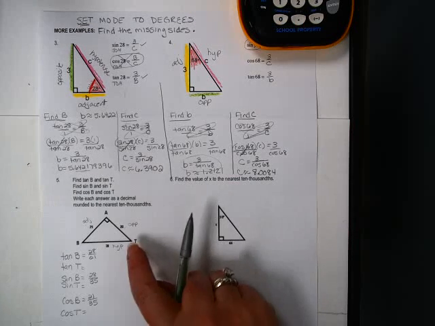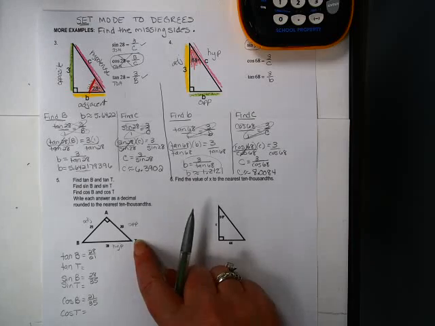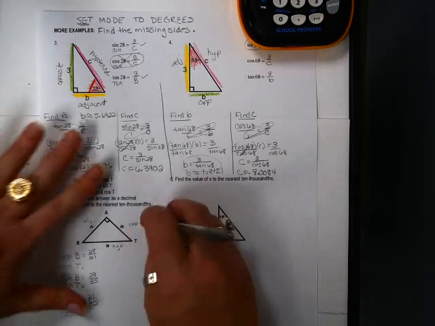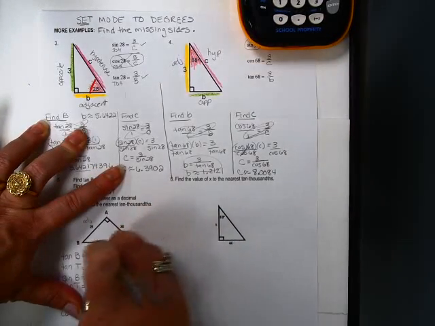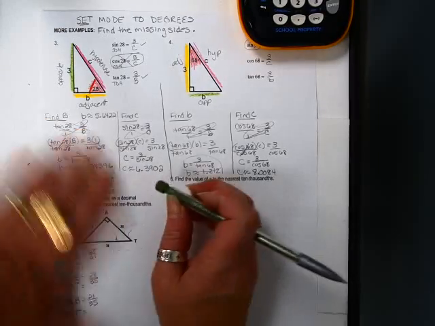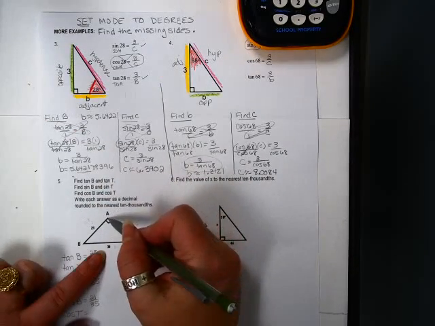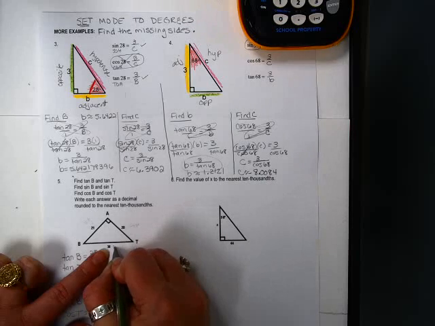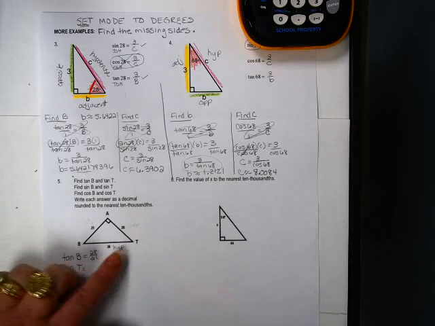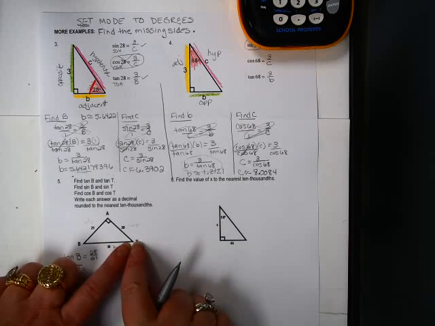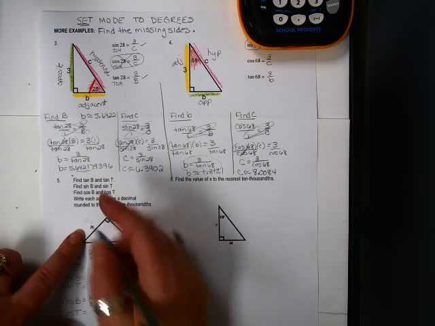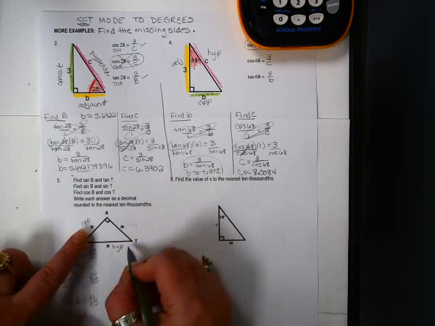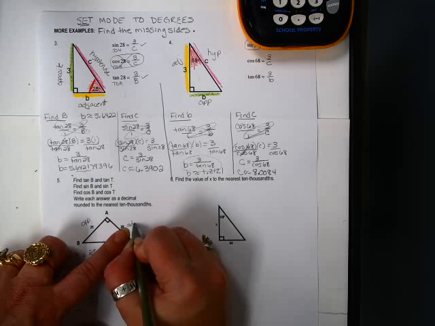Alright, now let's go back and do these for T. So here's my angle here, so that means these are all going to change. First of all, across from the right angle is the hypotenuse, so the hypotenuse never changes, so I didn't have to erase that one. But if I'm looking at T, the opposite side is now this one, and the adjacent side is now this one.